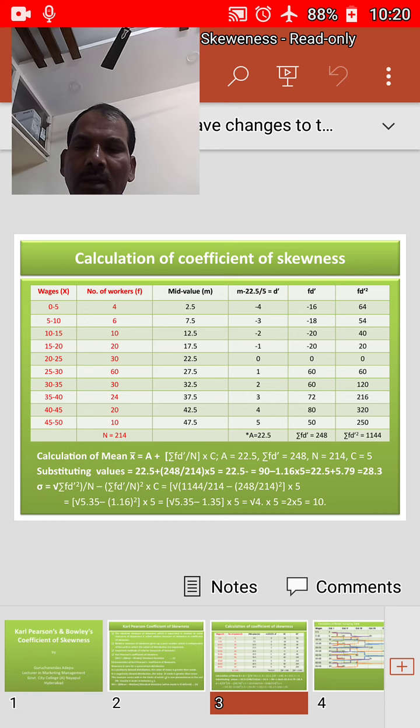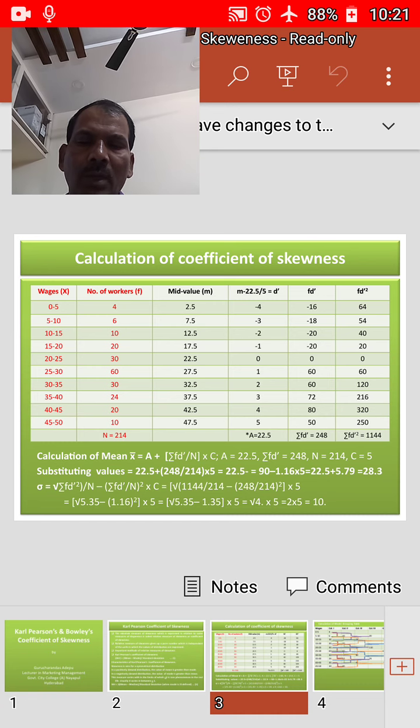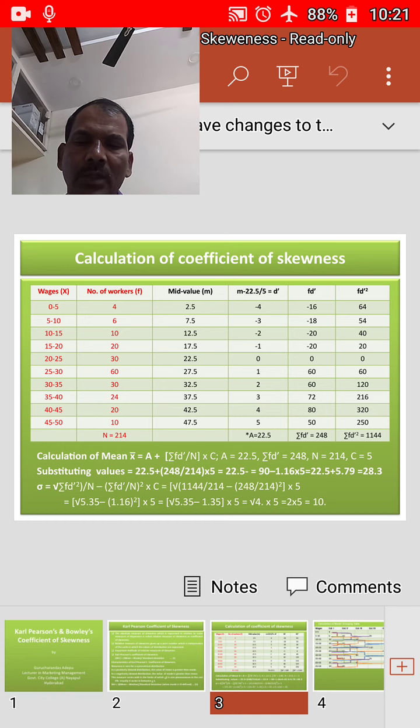Now we need to calculate the standard deviation, that is small sigma, equal to under root of sigma fd dash square by n minus sigma fd dash by n whole square, into c. We know that sigma fd dash square is equal to 1144, sigma fd dash is equal to 248, n is equal to 214, c is equal to 5.